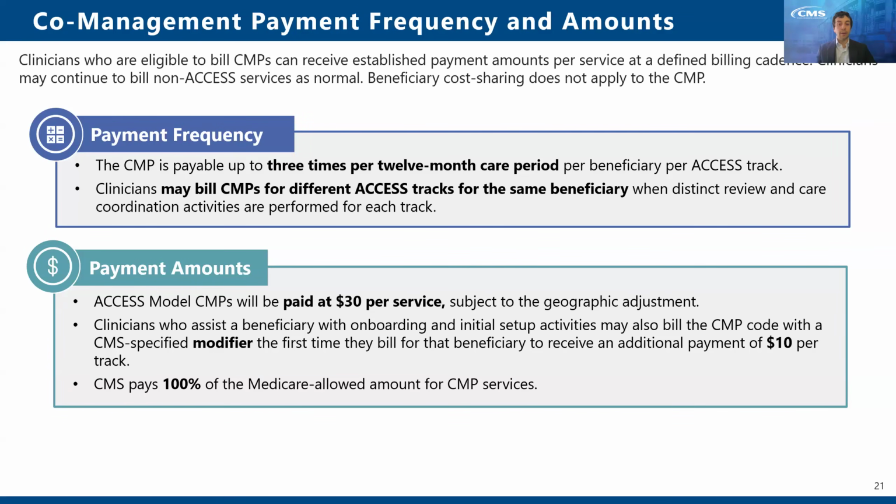The CMP is payable up to 3 times per 12-month care period per beneficiary per Access track. Clinicians may bill CMPs for different tracks for the same beneficiary when distinct review and care coordination activities are performed for each track. CMPs will be paid $30 per service, subject to geographic adjustments.